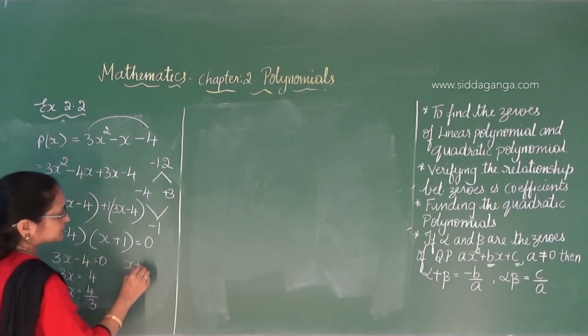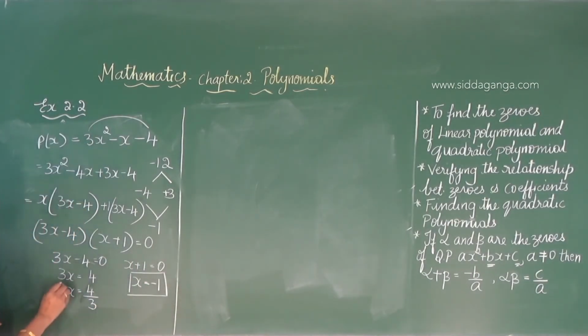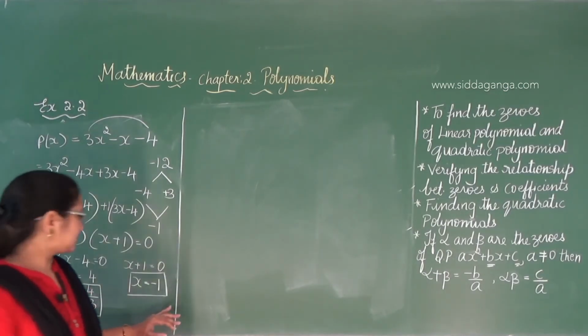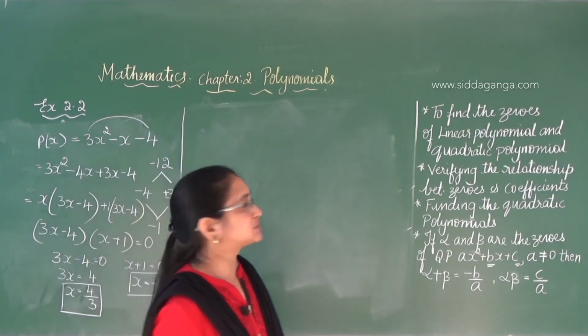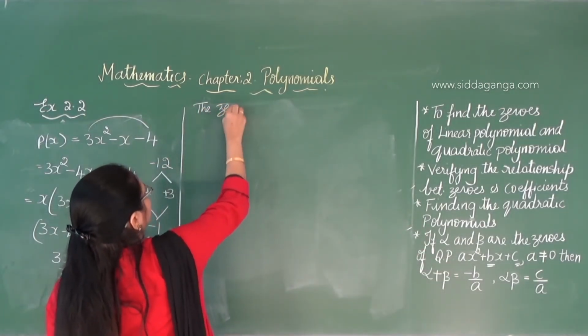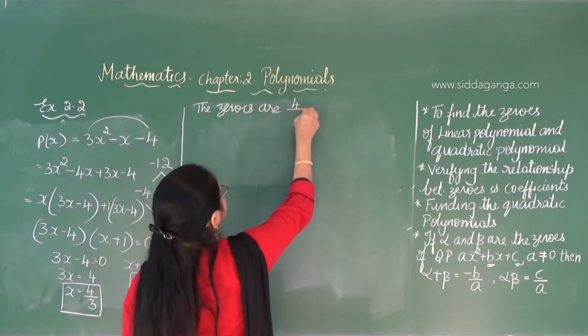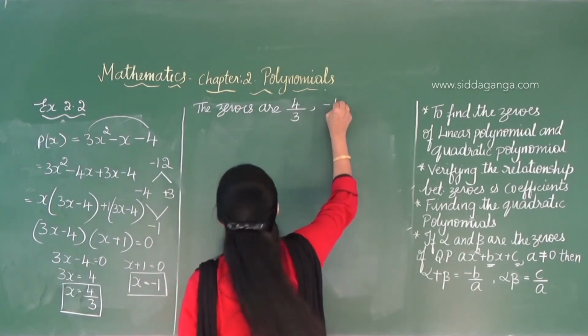Now x plus 1 is equal to 0, x is equal to minus 1. So these are the zeros. x is equal to 4 by 3 and x is equal to minus 1. Therefore, the zeros are 4 by 3 and minus 1.